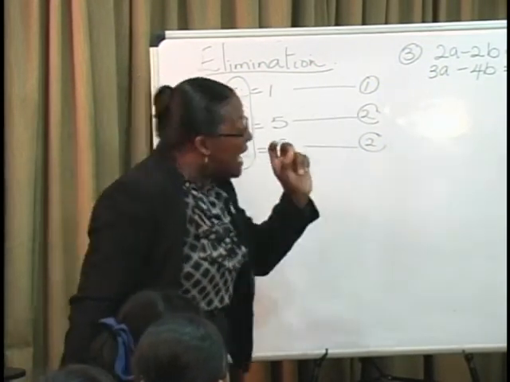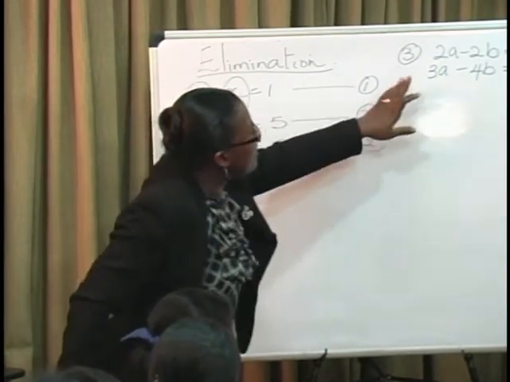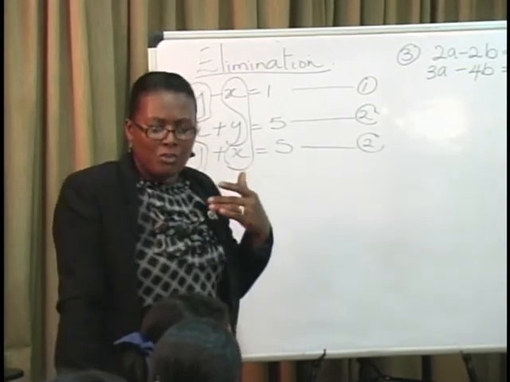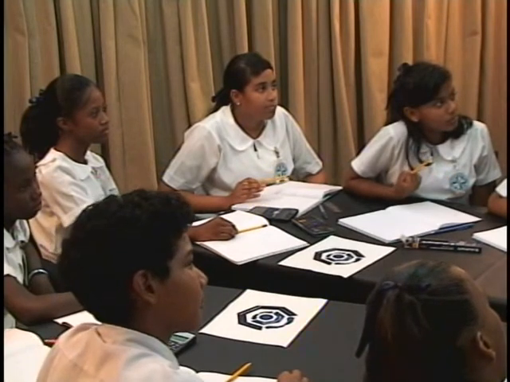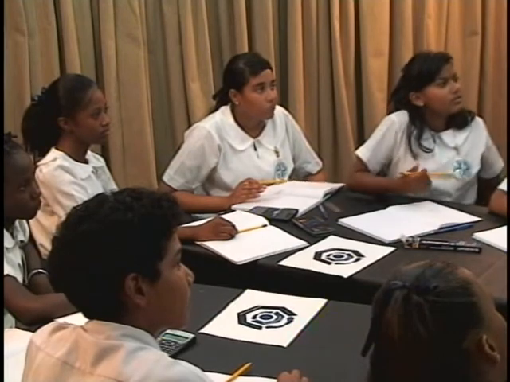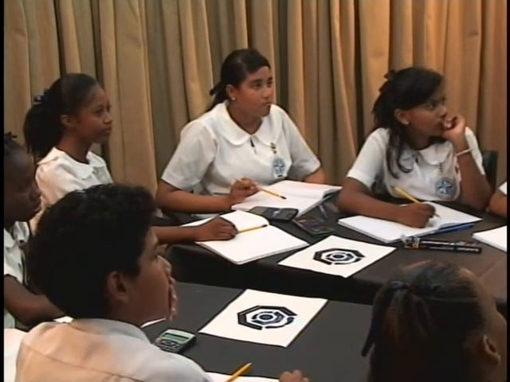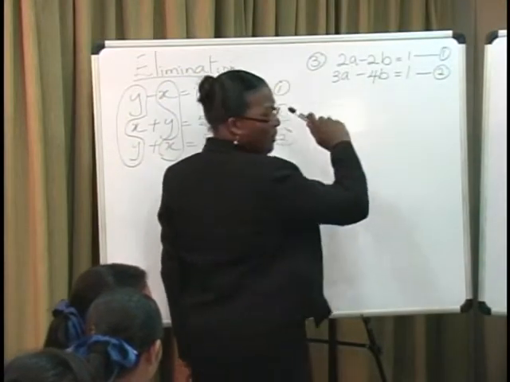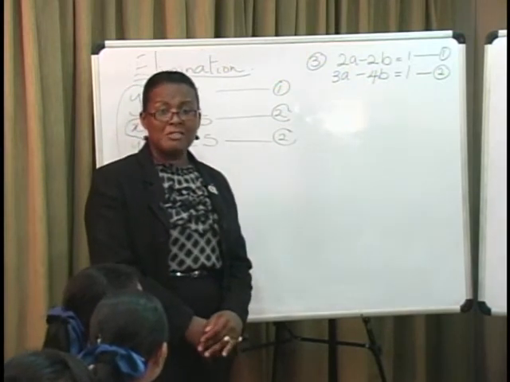So if you have to get the same coefficient, what must we do here to arrive at the same coefficient? What do you think can possibly happen? We have a 2 and a 3, a 2 and a 4. Any suggestion?